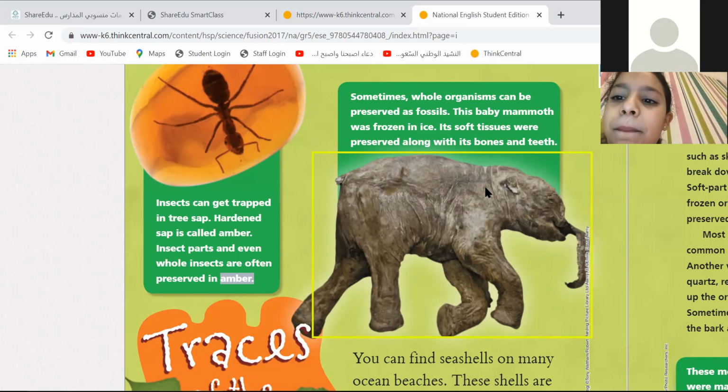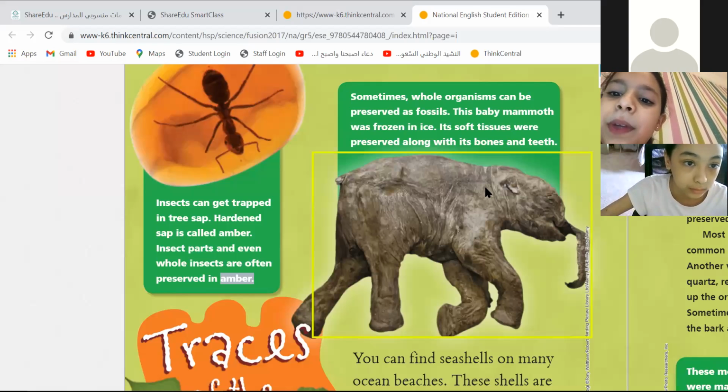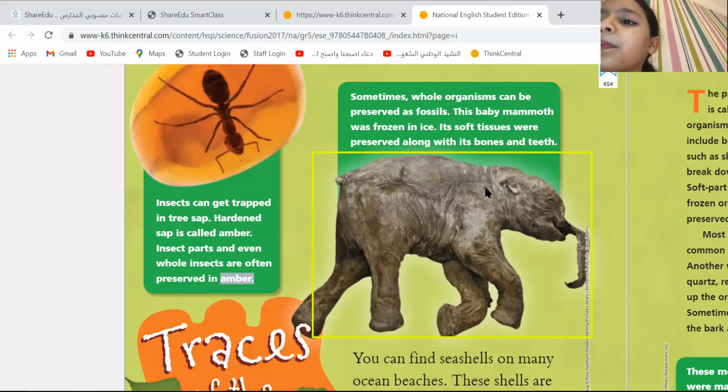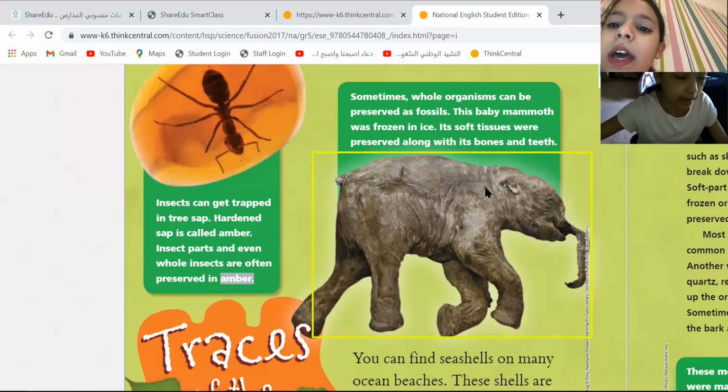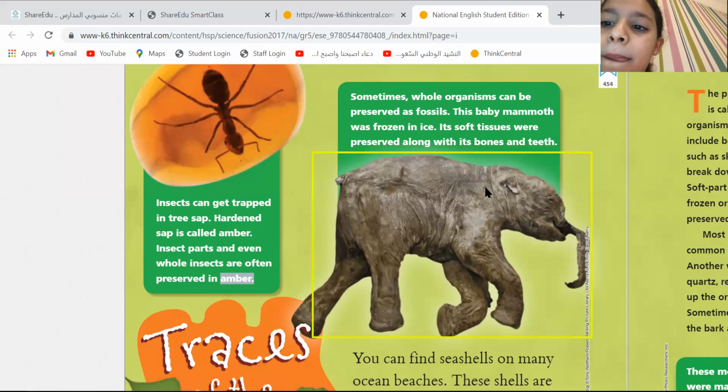Atala, do you remember? Living things when they die. Very good, Feroz. Living things when they die, what happens to them? They get eaten by decomposers. They will be decomposed and eaten into very small parts, decomposed particles.